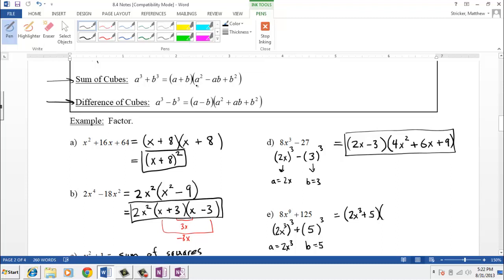And then we have A squared, which is 2x cubed times 2x cubed, or 4x to the 6th.